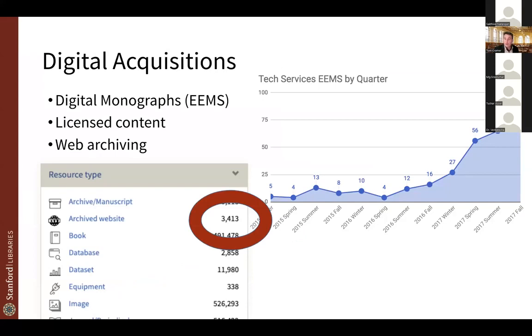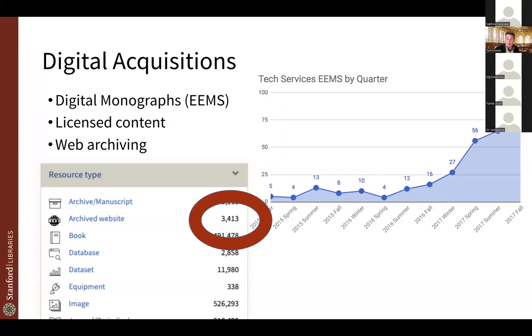I mentioned the acquisition of websites. About 8 or 9 years ago, we started building up our capacity to archive websites. And if you look in our catalog today, you'll find that we have over 3,000 websites that we have crawled, that we have captured, and that we have brought into our local digital repository and into our catalog.